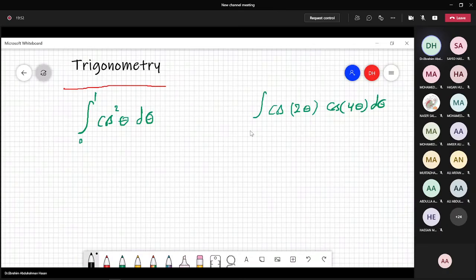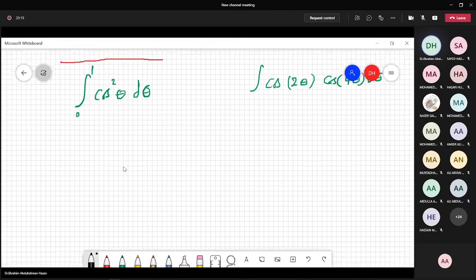While this one is indefinite, so we get a function, of course function plus constant. Anyway, we need many identities to linearize these. This is one application, but we have a lot of applications.